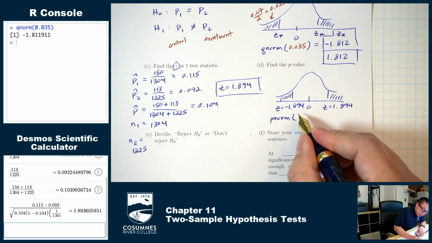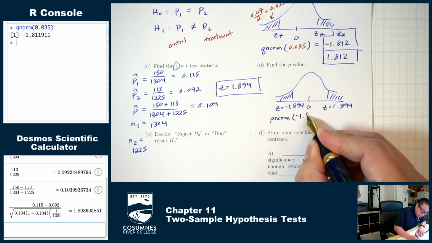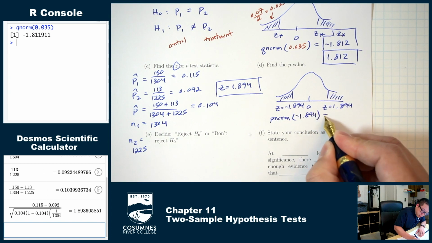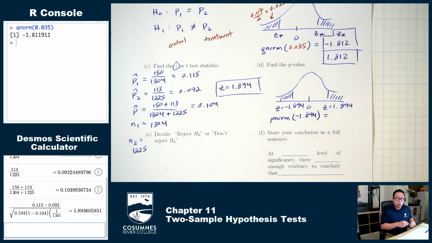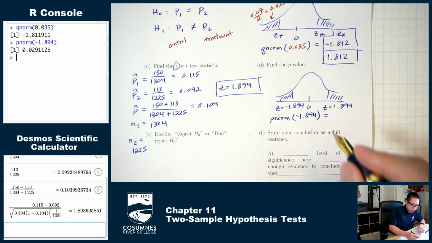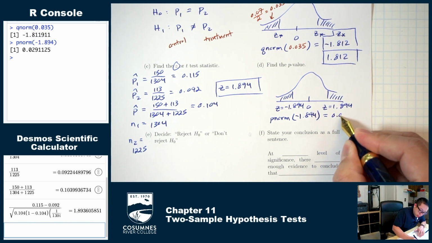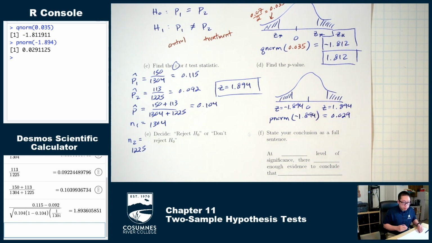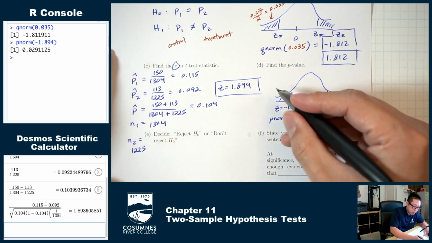So p-norm negative 1.894, 0.029. Okay, 0.029 is the area to the left of negative 1.894. So that's this part.